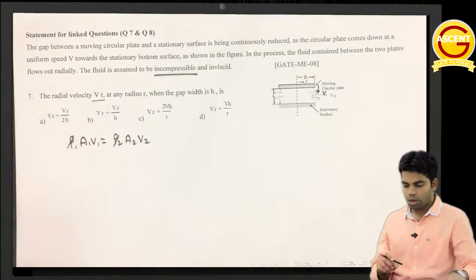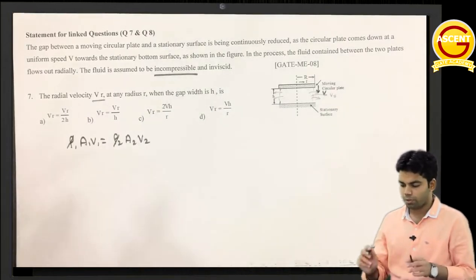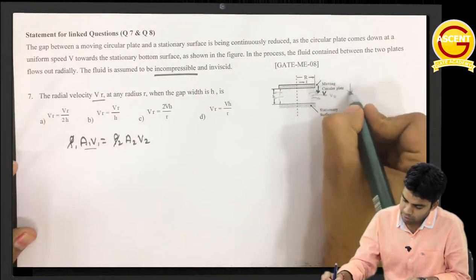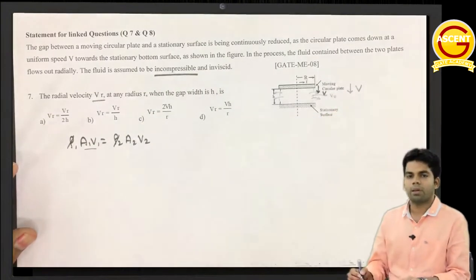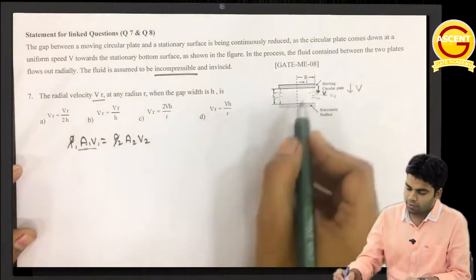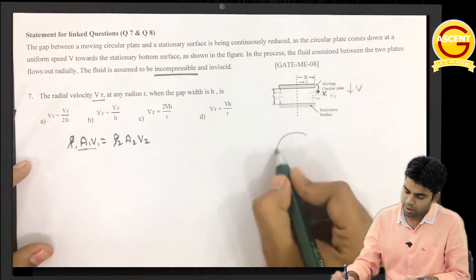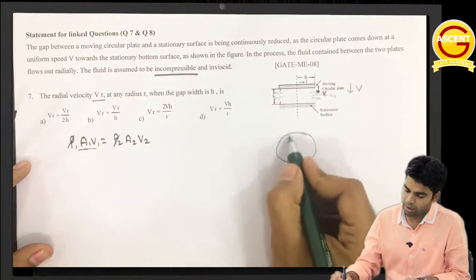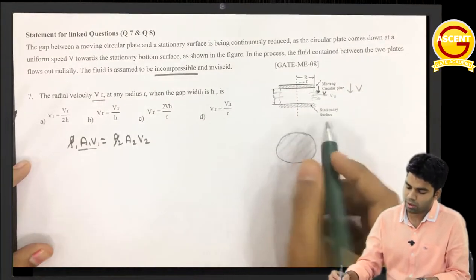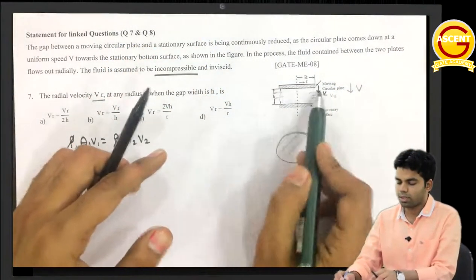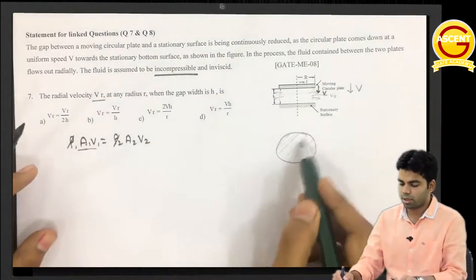Now what is this a1 v1 and a2 v2? What is v1? V1 is nothing but the velocity with which this plate is moving, which is nothing but v. What is this a1? A1 is nothing but the cross section area of the circular plate. This is a circular plate, and the total cross section area of the circular plate, because this is moving down and this much amount of liquid is removed, this is nothing but a1 into v1.